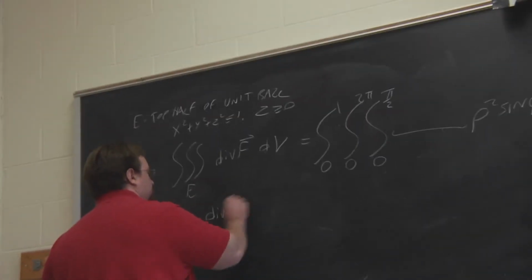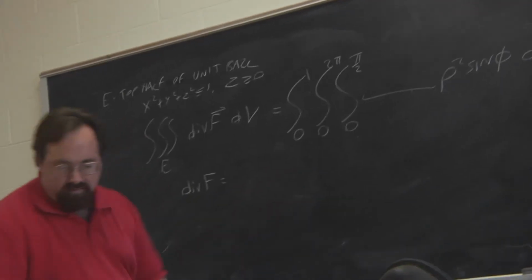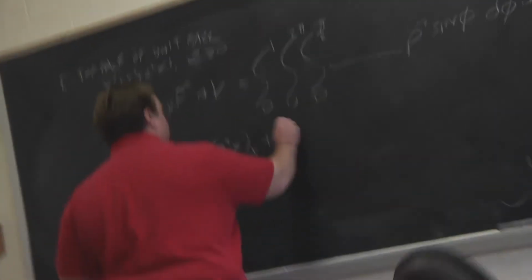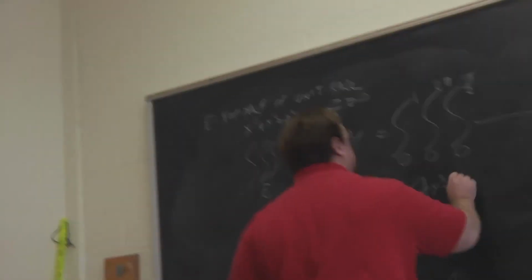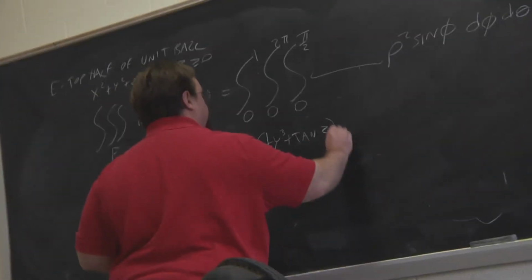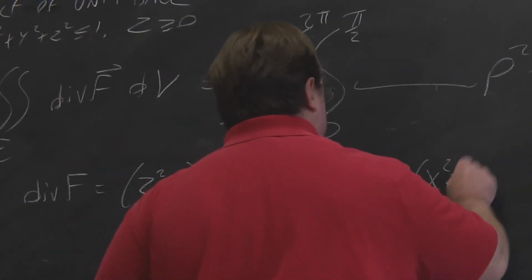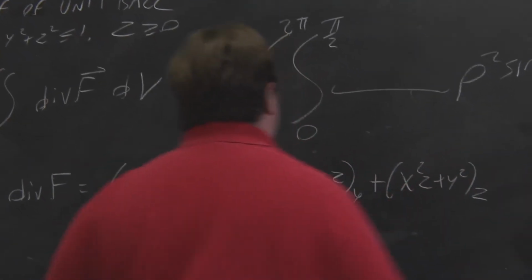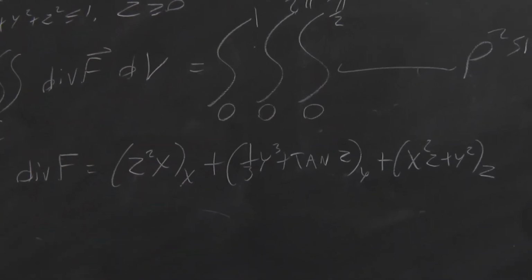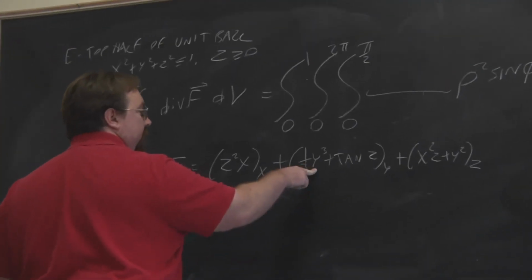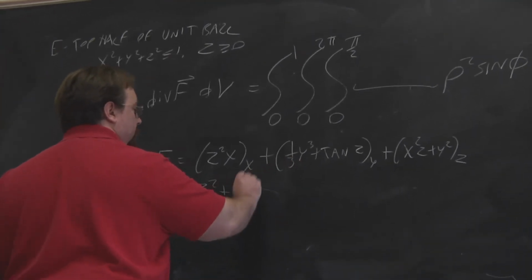So the divergence of f. The components will be z squared x with respect to x, plus one third y cubed plus tangent of z with respect to y, plus x squared z plus y squared with respect to z. So we just need to carry out all this differentiation. We're going to get z squared. Here we'll get y squared.